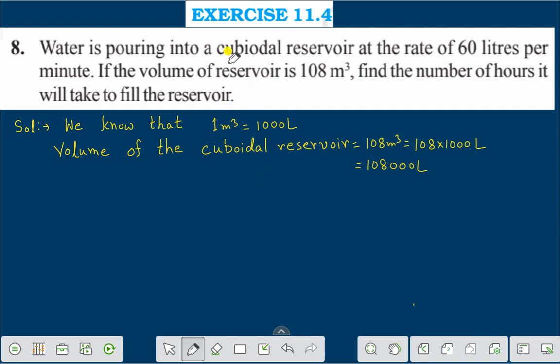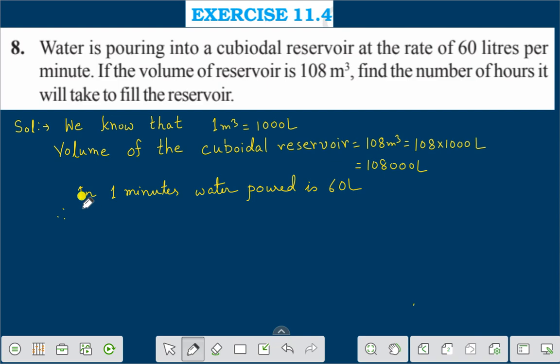Now what is pouring into the cuboidal reservoir at the rate of 60 liters per minute? In 1 minute, water poured is 60 liter.